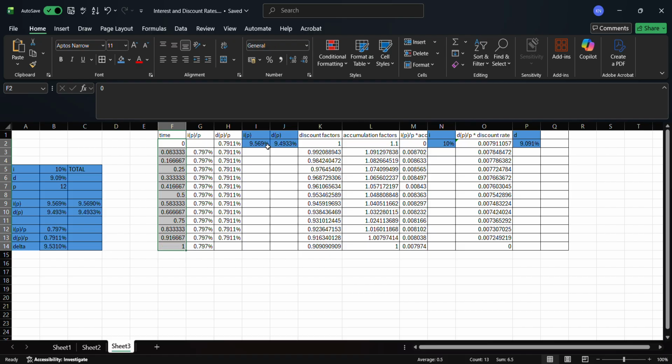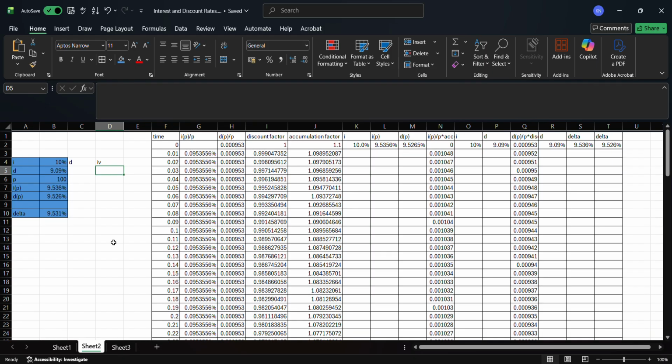As the number of sub-intervals increases, this one becomes lower and lower, and this discount rate convertible monthly increases, and they converge towards the middle value, which will be delta here. Right now they're both slightly off delta, but as p goes to infinity they'll both approach delta.